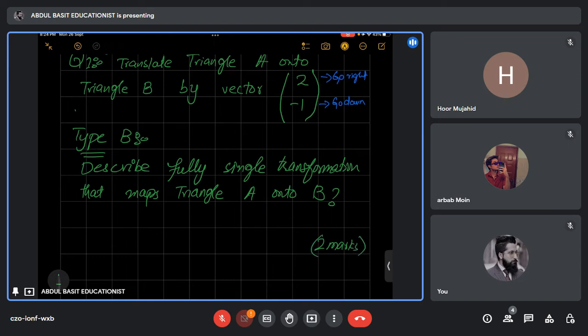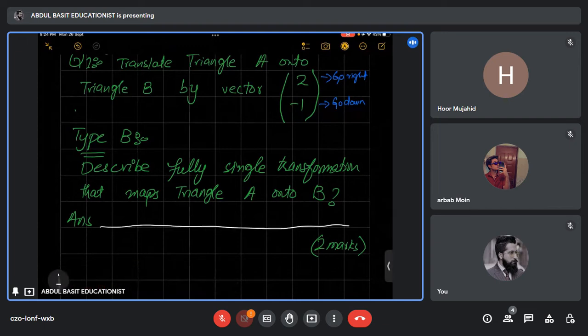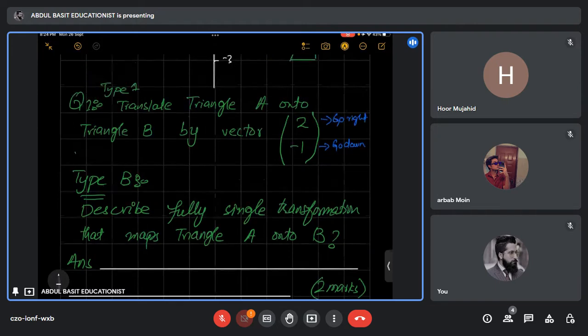For the answer you would have 2 lines in the exam, so you have to write two things here.